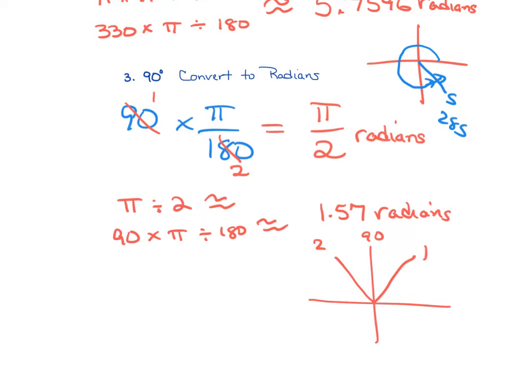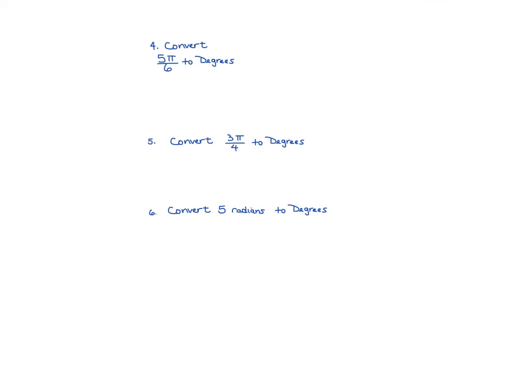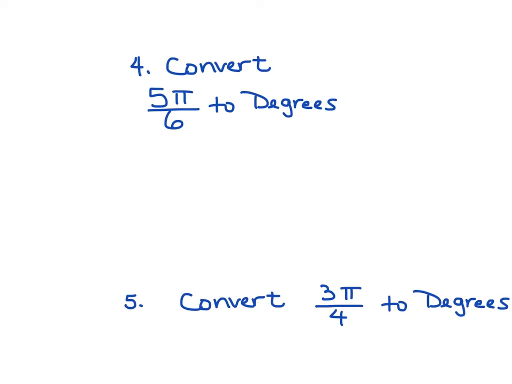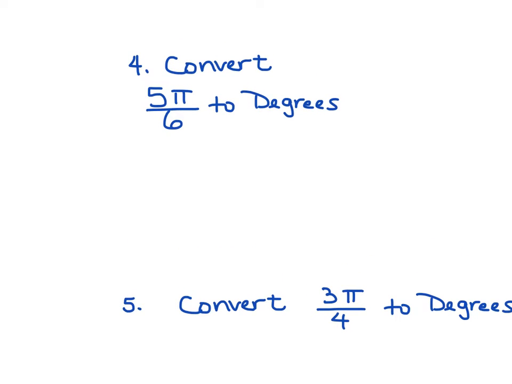Now we're going to go the other way. We're going to go from radians to degrees, and we're just going to flip that conversion. We're going to put 180 over pi now. So now this is in radians, and they want me to convert it to degrees.